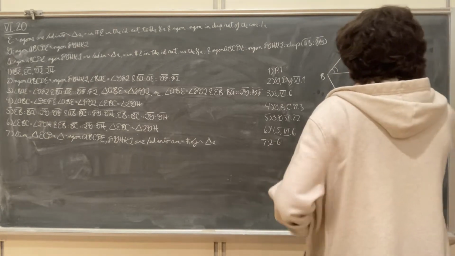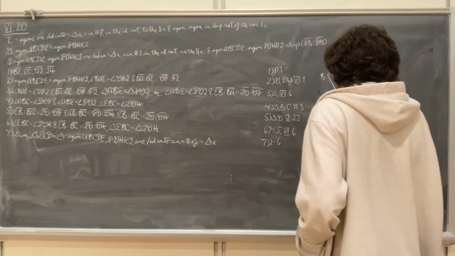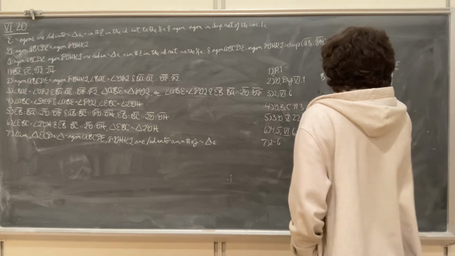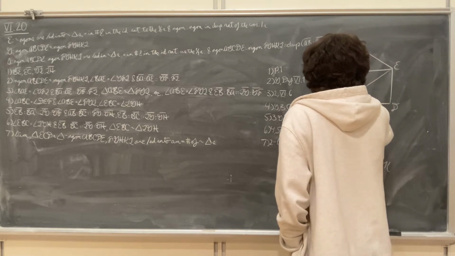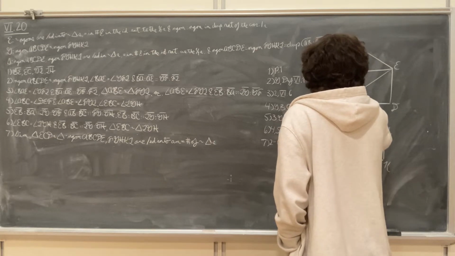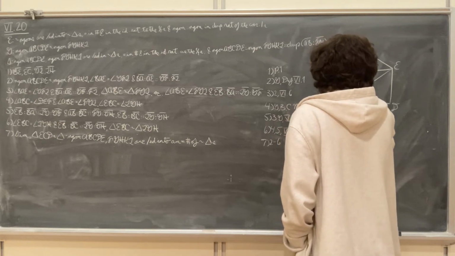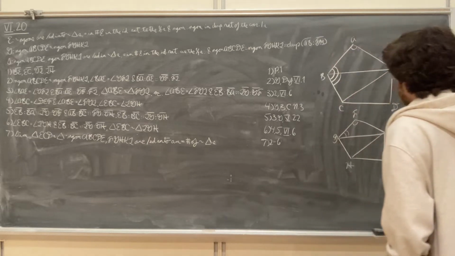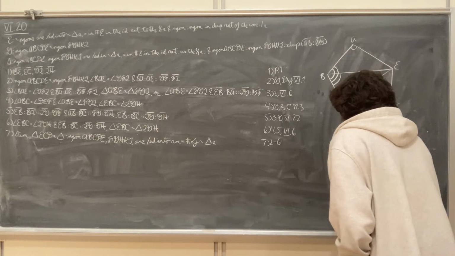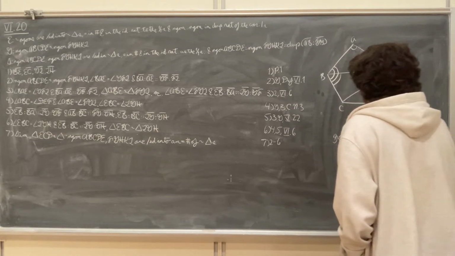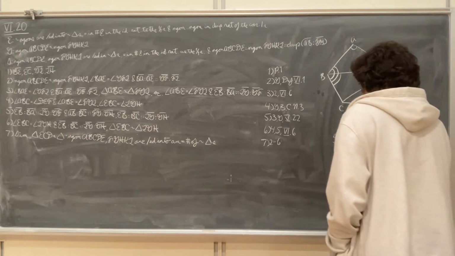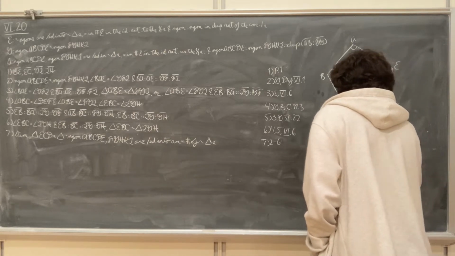Now, knowing that the angle ABC is equal to the angle FGH, again, because the two polygons ABCDE and FGHKL are similar, they are equiangular, so the angle ABC is going to be equal to the angle FGH.